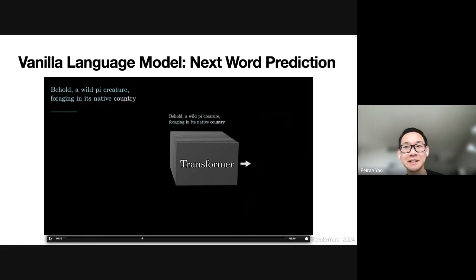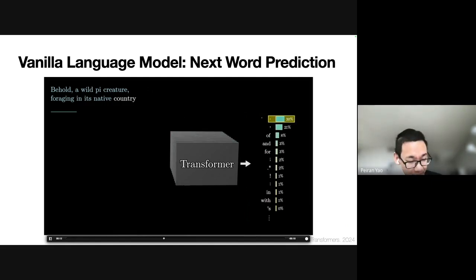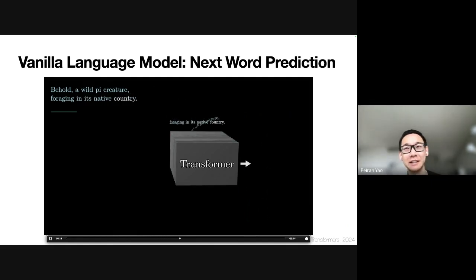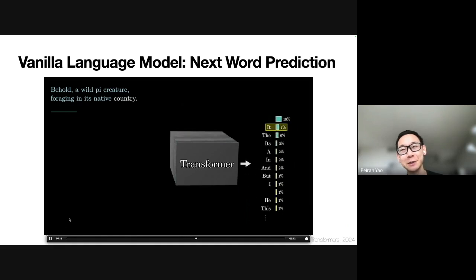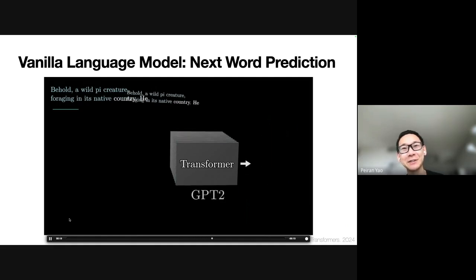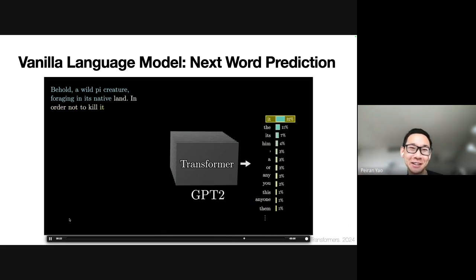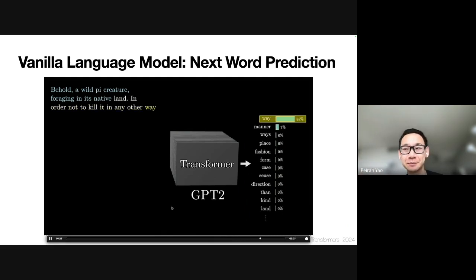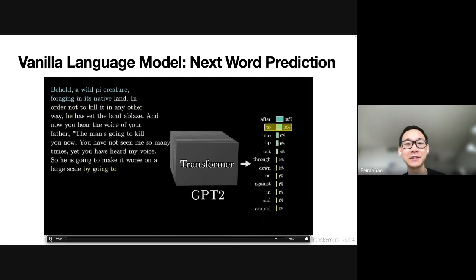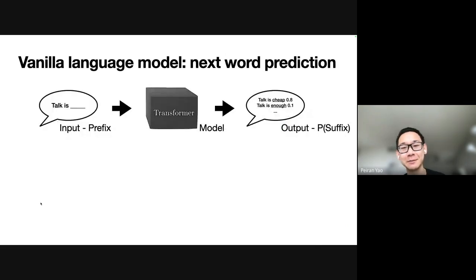You get a new prefix and repeat this process, feed it back into the neural network, get another word, and so on and so forth. You will, in no time, get a whole paragraph of continuations. That's basically how GPT-1 and GPT-2 work. You have a prefix, feed it into a transformer, a neural network, and get an output probability for the next word.